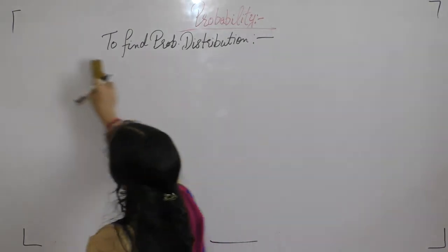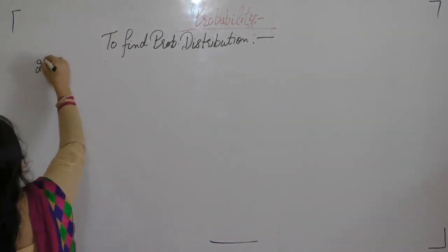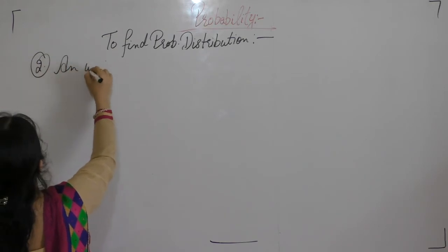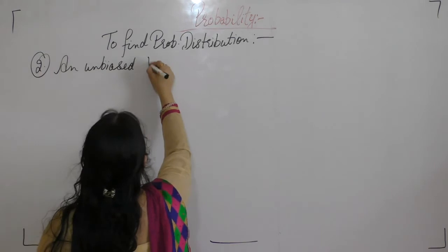Now question number 2. An unbiased die is rolled.